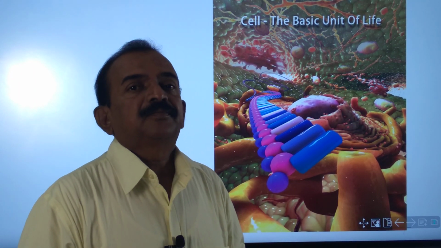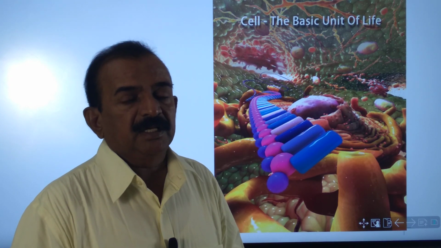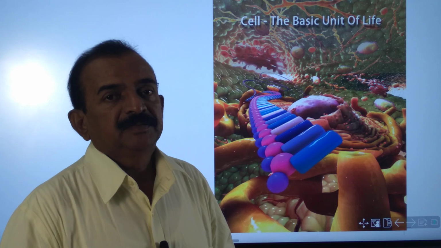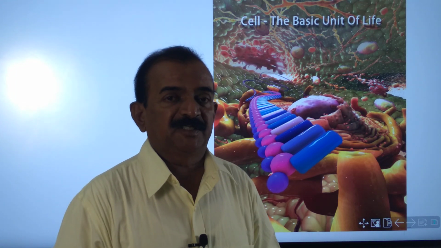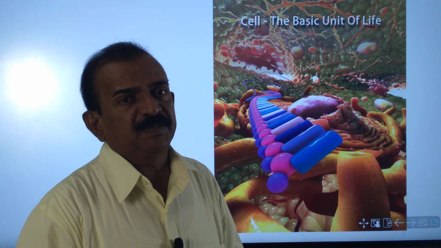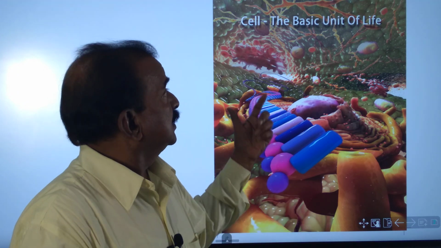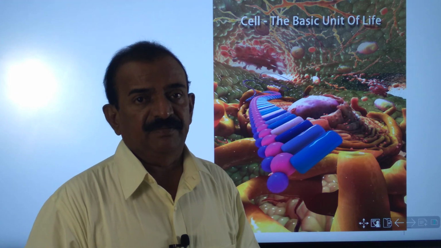I am a biology teacher, and today we are going to discuss the Class 8 Nichal integrated syllabus book, which has 166 pages and 12 chapters. The first chapter is What is Science, and the second chapter is The Cell, the Basic Unit of Life.